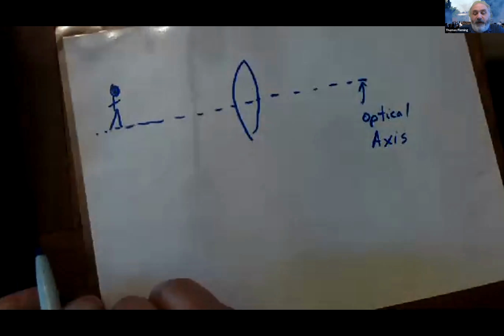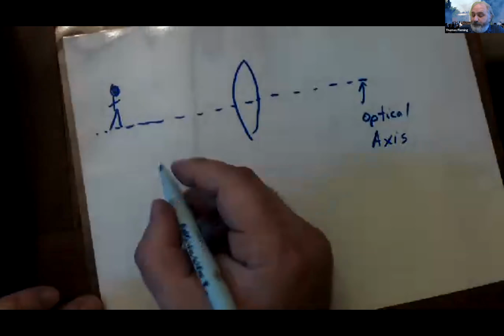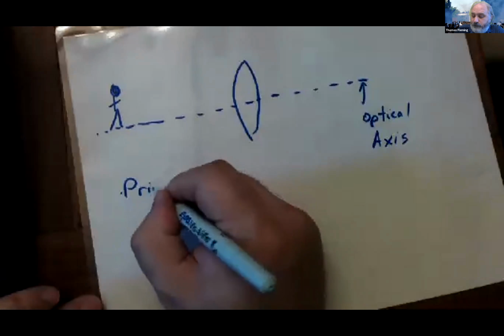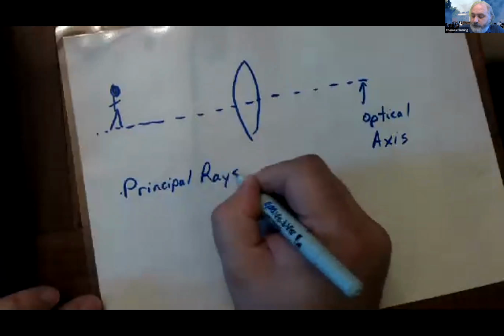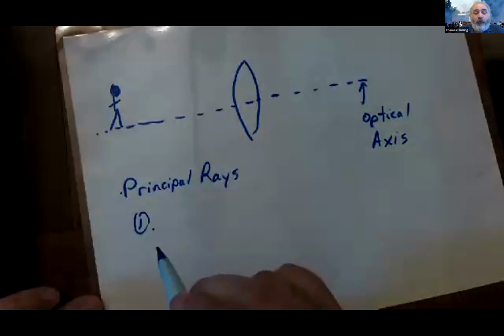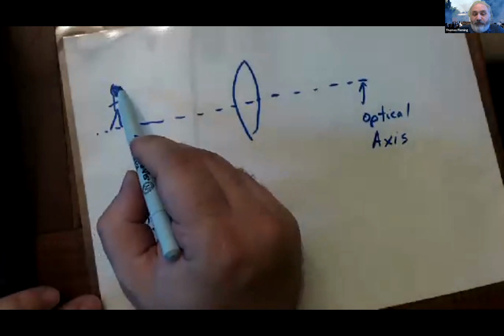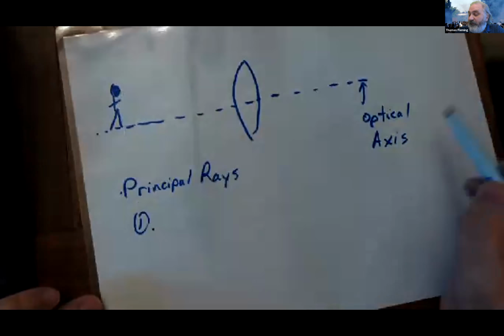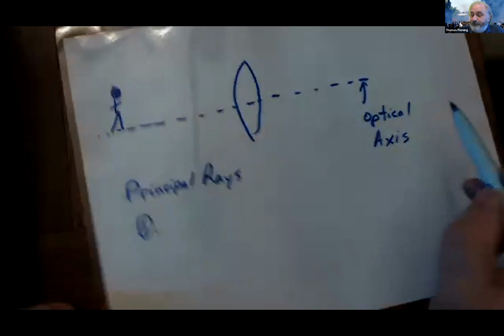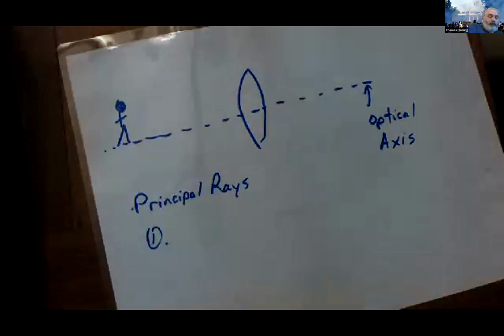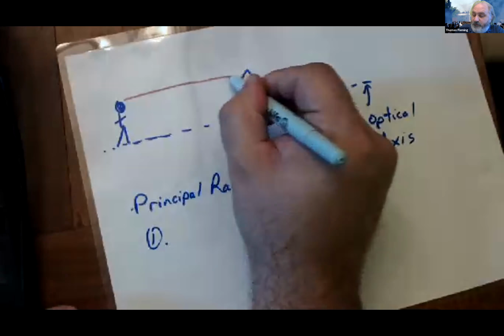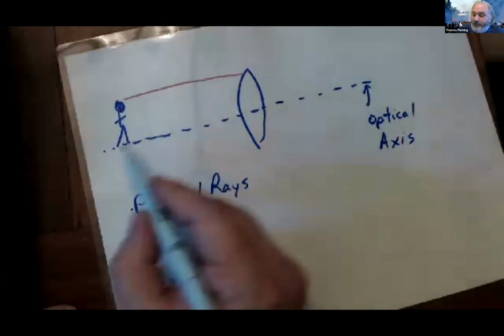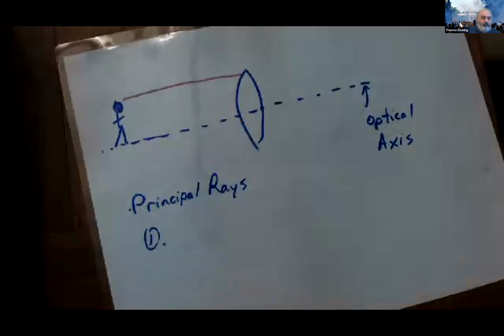And I'm going to track 3 principal rays. The first ray is going to go from my point of interest to the lens parallel to the optical axis. So ray number 1 comes in and hits the lens traveling parallel to the optical axis.